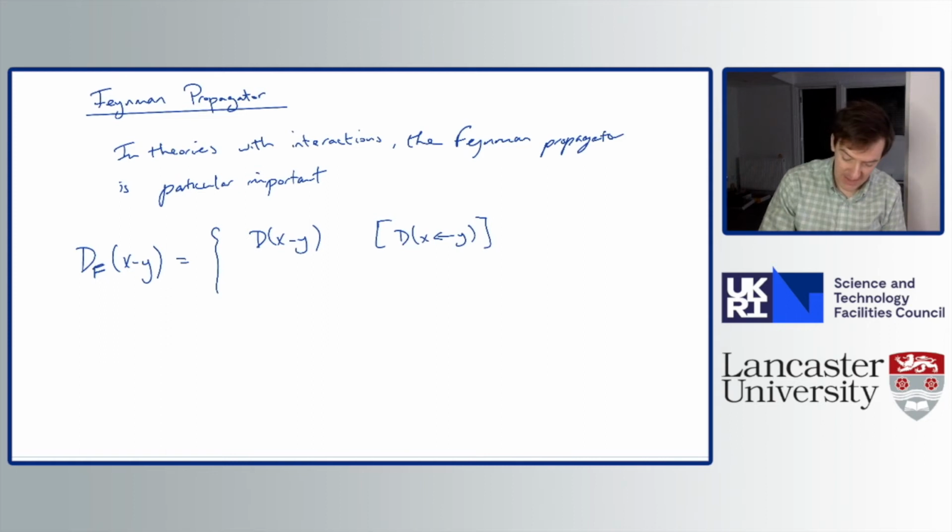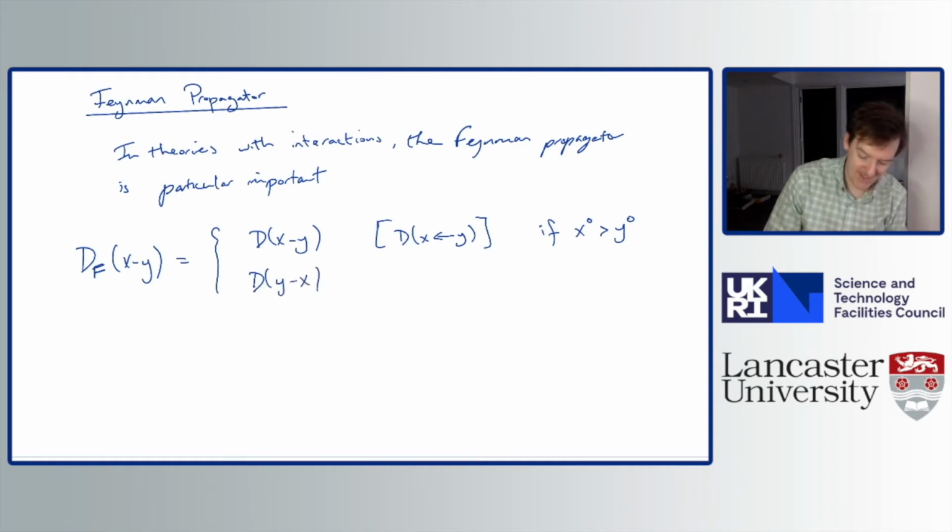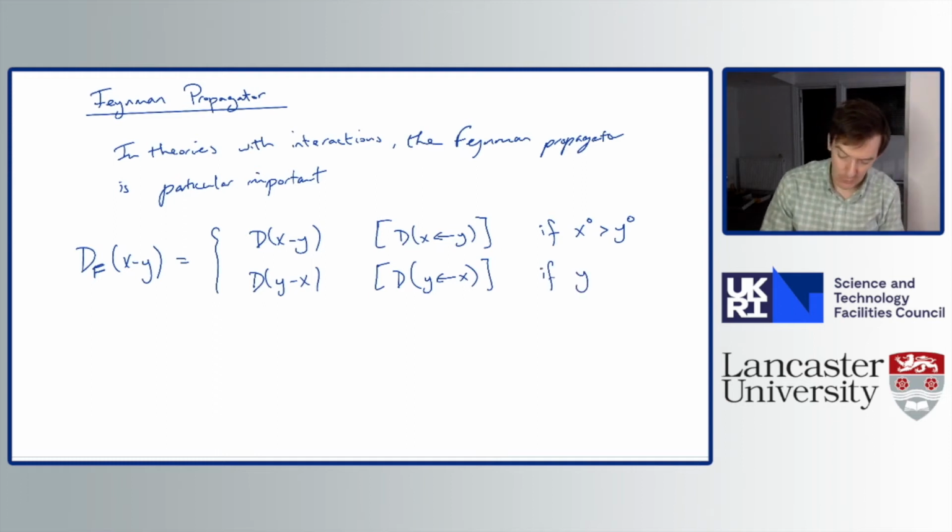So we can define it in this way if x0, the time component of x, is greater than the time component of y, or it's defined as D(y minus x). Okay, so this is the same as saying we start at x and we go to y if y0 is greater than x0.